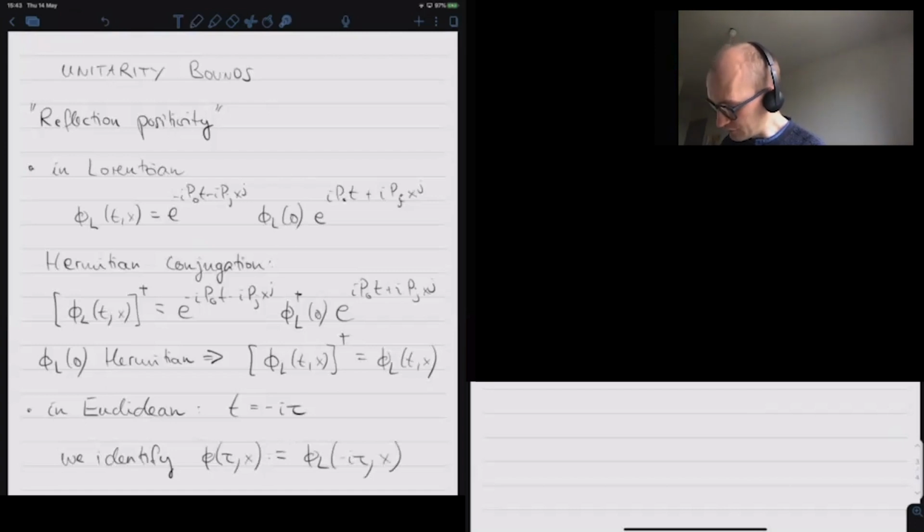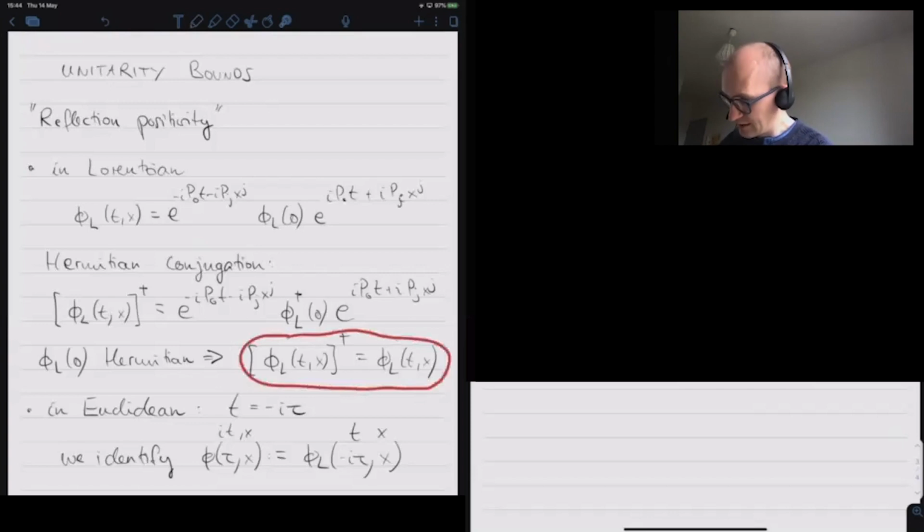But you could have also written this as i times Lorentzian time, and then this would just be Lorentzian time. So phi Lorentzian at t, x.